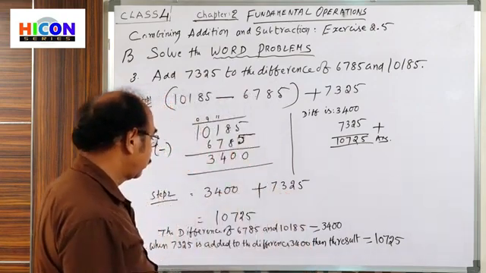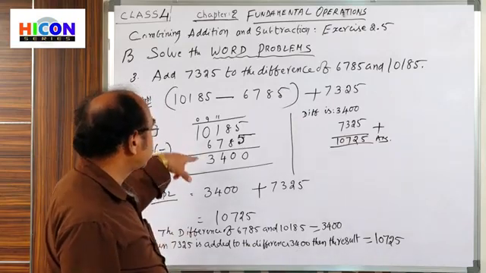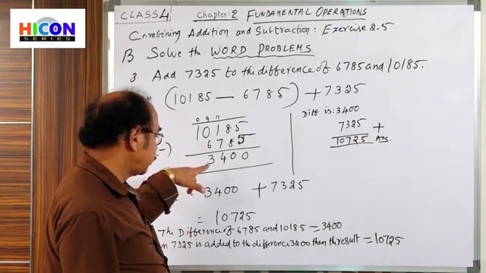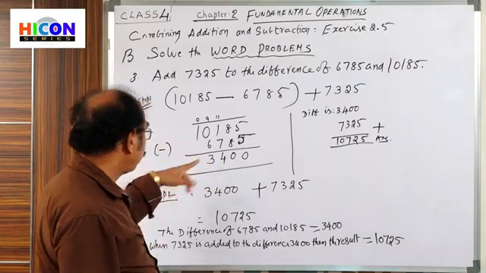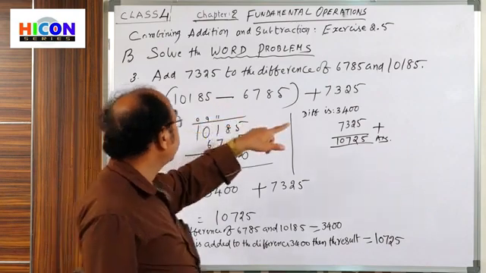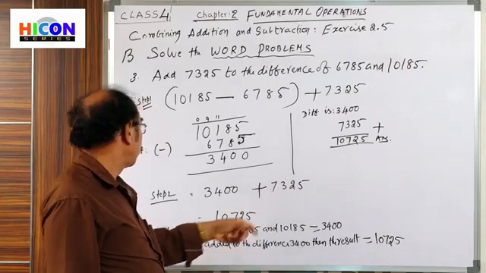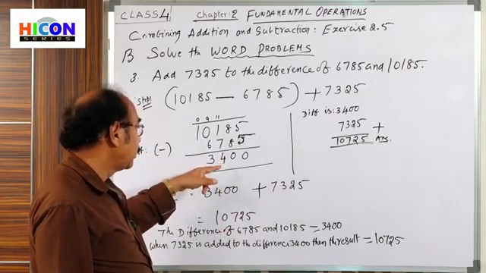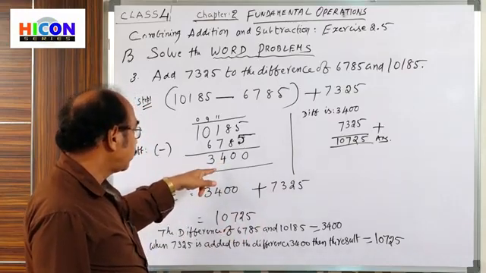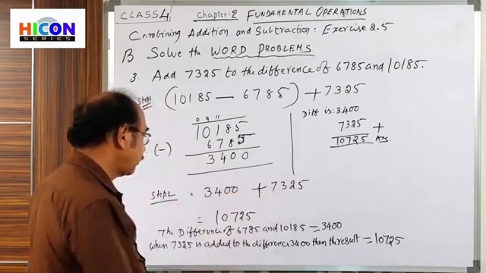Observe children. So first of all, what is calculated? Difference is calculated. The difference 3,400 is got. To this difference, what is added? 7,325 is added.